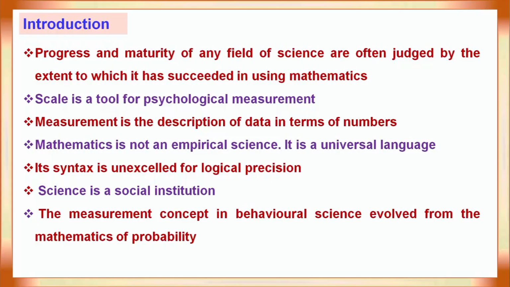That is why mathematics is so important that the progress and maturity of any field of science is generally judged by the extent to which it can successfully use mathematics to describe its findings.